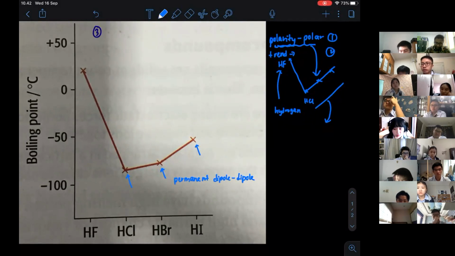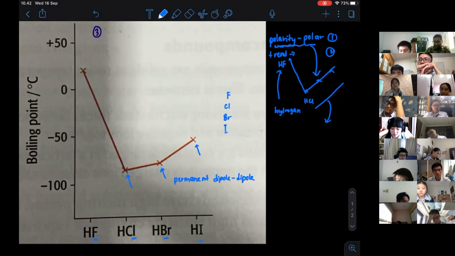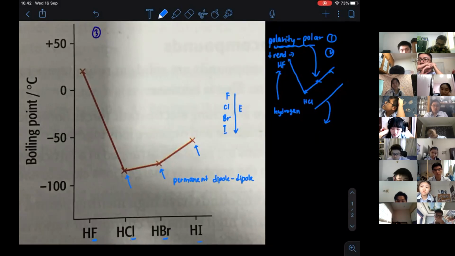So if you look at group 17 here, because this one is all group 17, you have fluorine, chlorine, bromine, and then iodine. Now, going down the group, does electronegativity increase or decrease, Megan? Increases. It's supposed to be decreases, Megan.